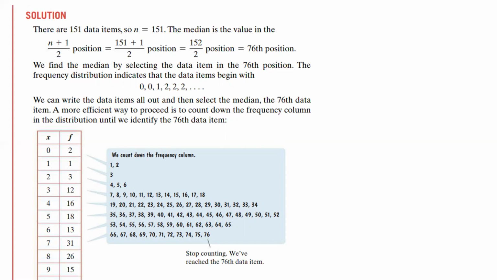Once I've added all of the previous values, I get 65. Then if I add 31 to that, I've overshot my 76th data point. That means my median is somewhere in between, and the only value in between is 7.